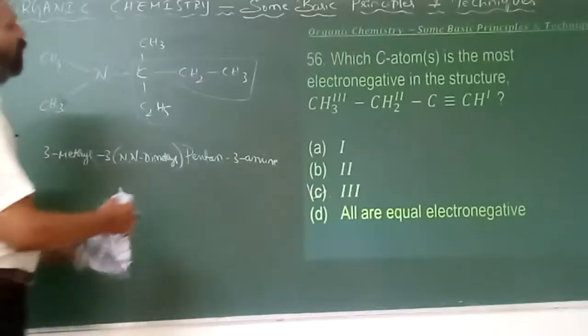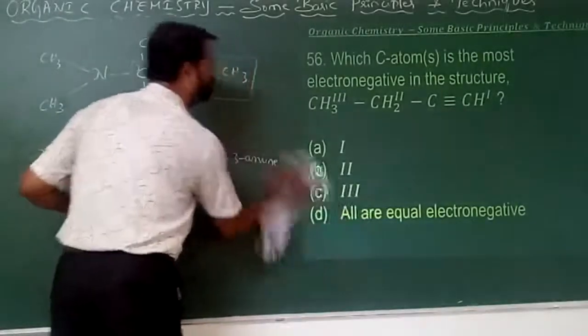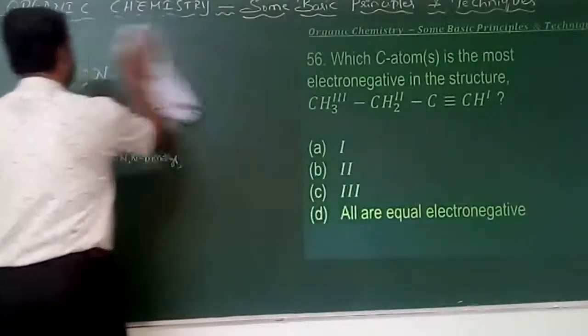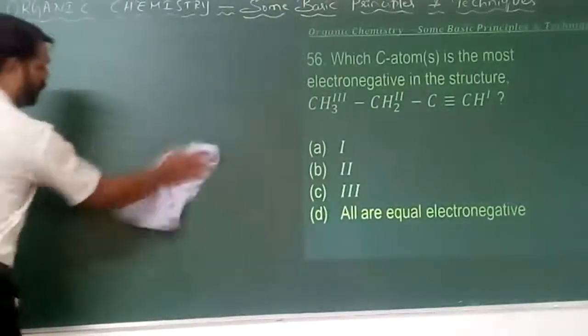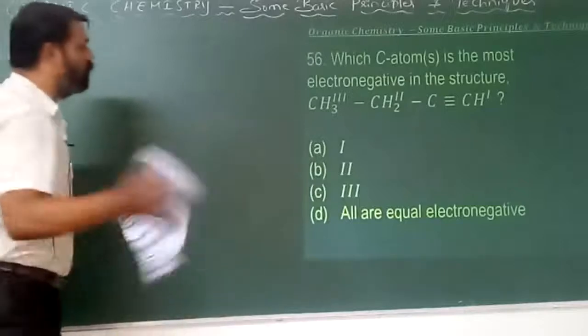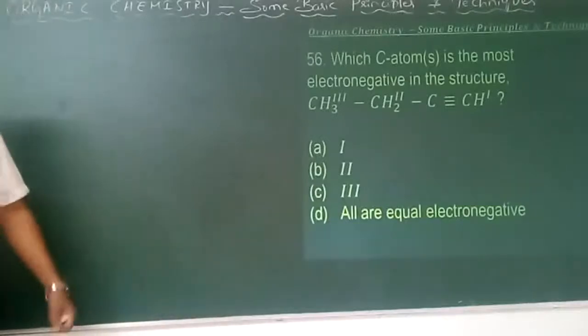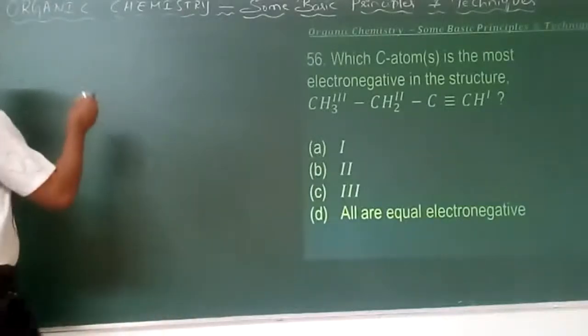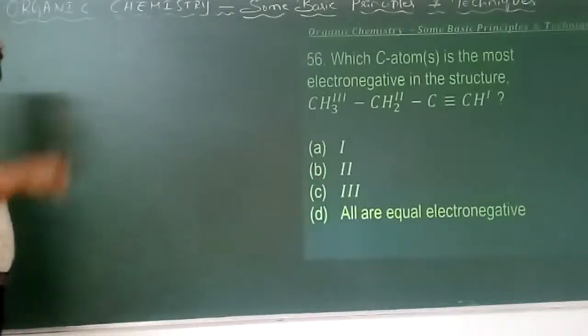Next, which carbon atom is the most electronegative in the structure? Which carbon is going to be the most electronegative in that particular structure? 1, 2, 3. Whether all or any one is the most electronegative?